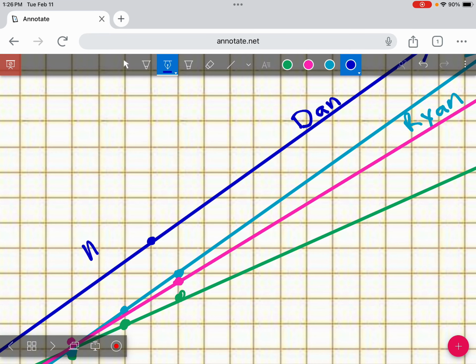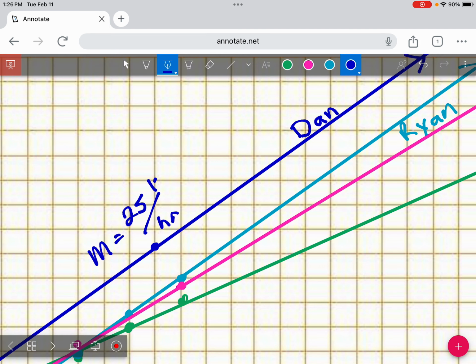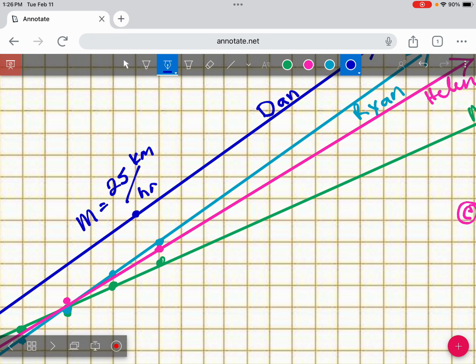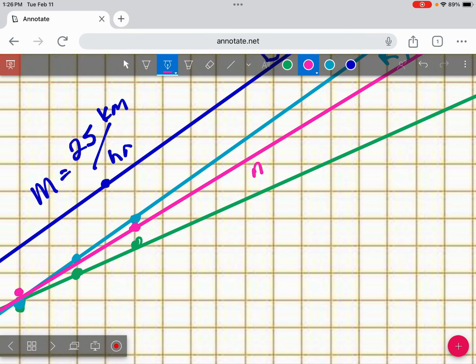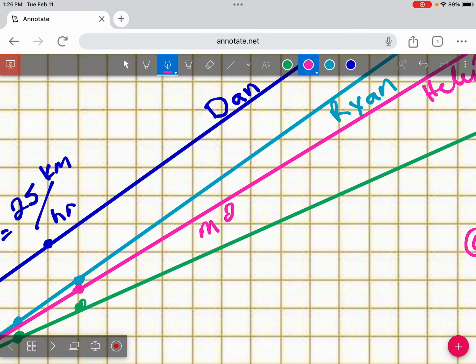So his m was 25 per hour. And if you look at Helen's, she traveled 50 kilometers in 2 hours, 50 over 2, so she is also moving at 25 kilometers per hour.